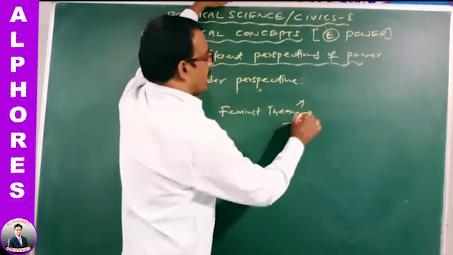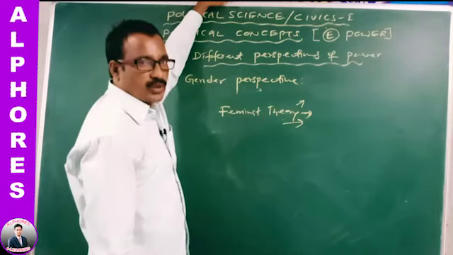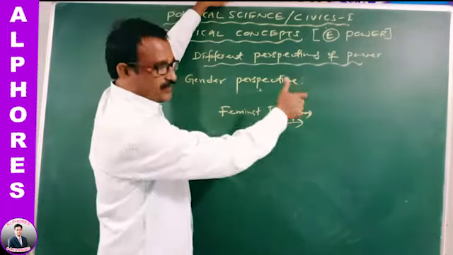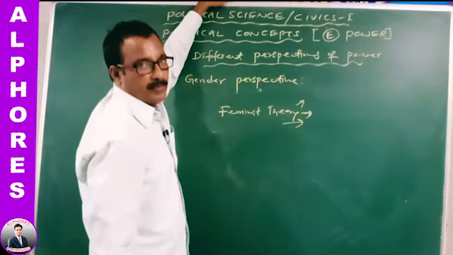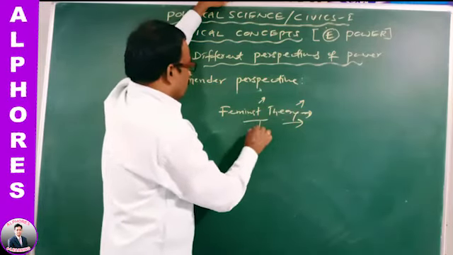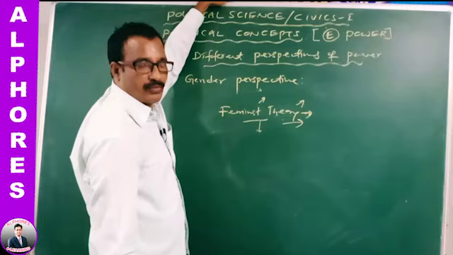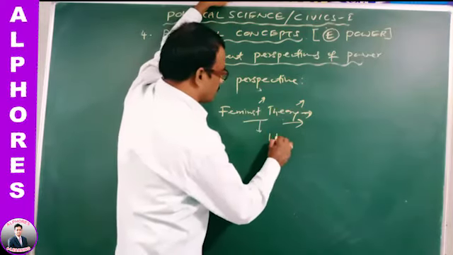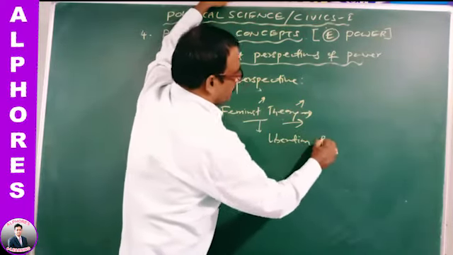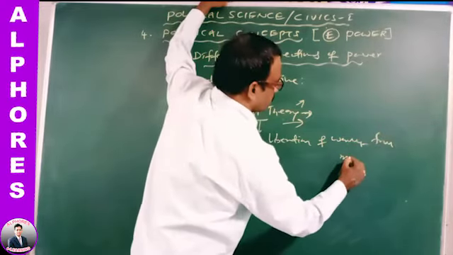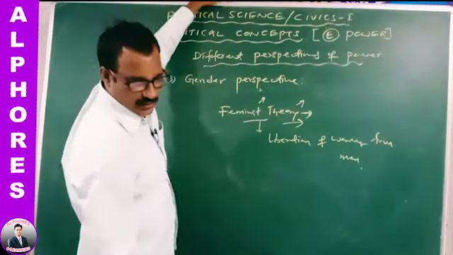This theory demanded a total change in the society about this arrangement, that is, the division of society into men and women. The proponents of feminist theory wanted to liberate women from the domination of men. Yes, liberation. So liberation of women from where? Men. Clear?